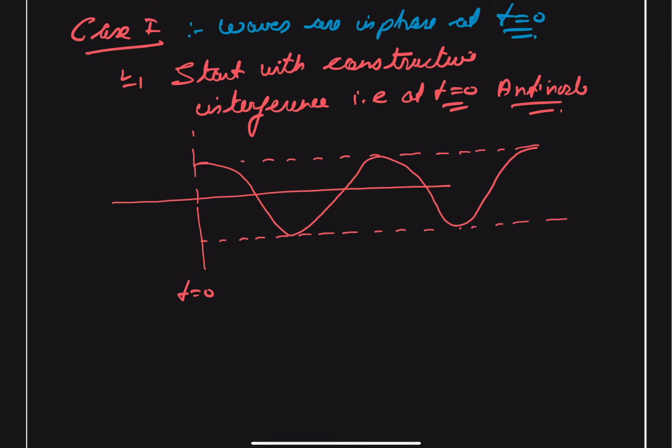And then the second part, and we are given that the difference will be of 0.5. So this will be our 0.5, this will be our 1, this will be 1.5, and the last one will be our 2.